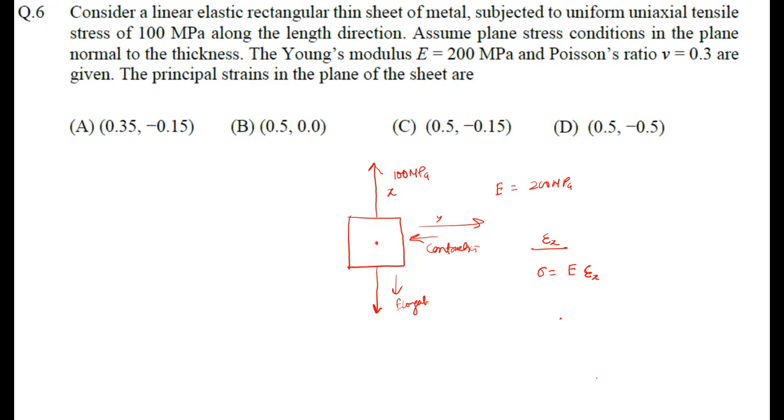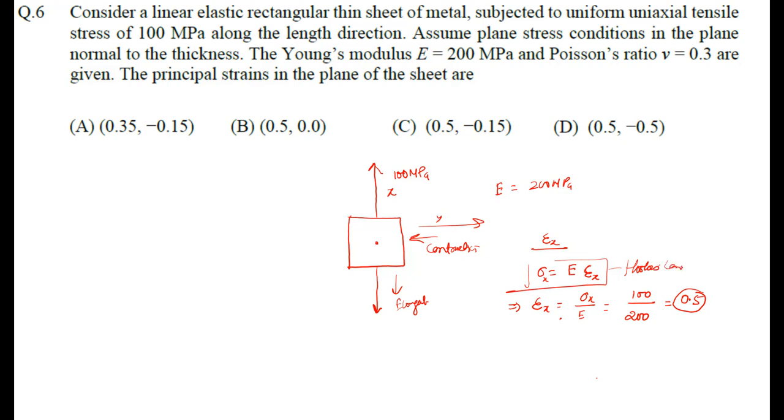So epsilon in the x direction will be sigma x by E. Sigma x is 100 divided by 200, that means it is 0.5, right? This formula comes from Hooke's law.